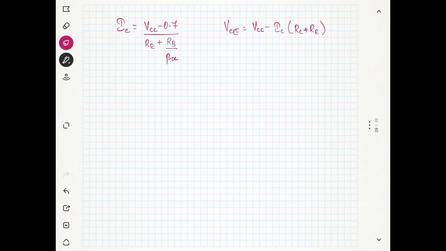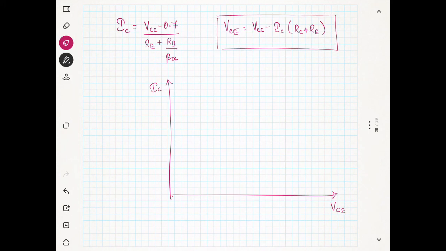Now we will draw the load line. We know that the x-axis is VCE and the y-axis is IC. Now we will take equation number 2 and the previous one, equation number 1.